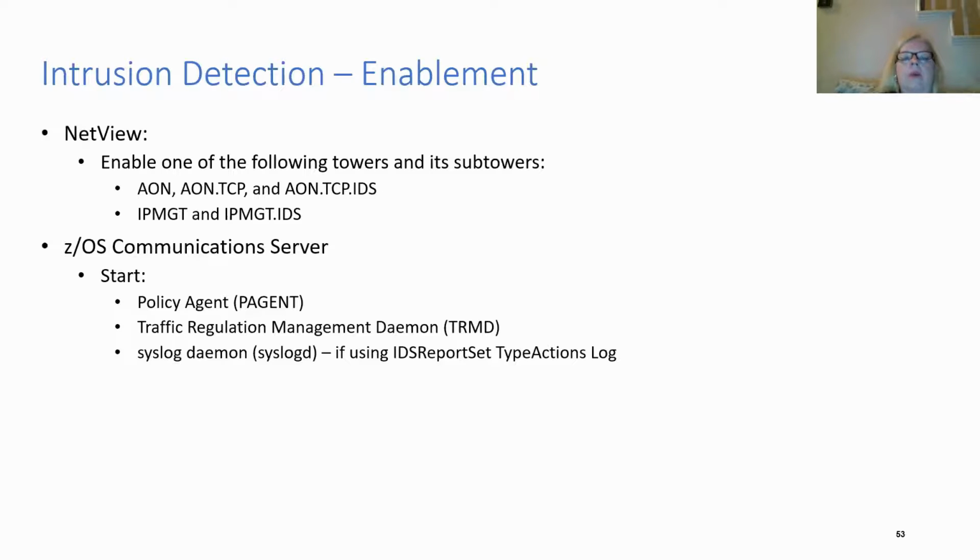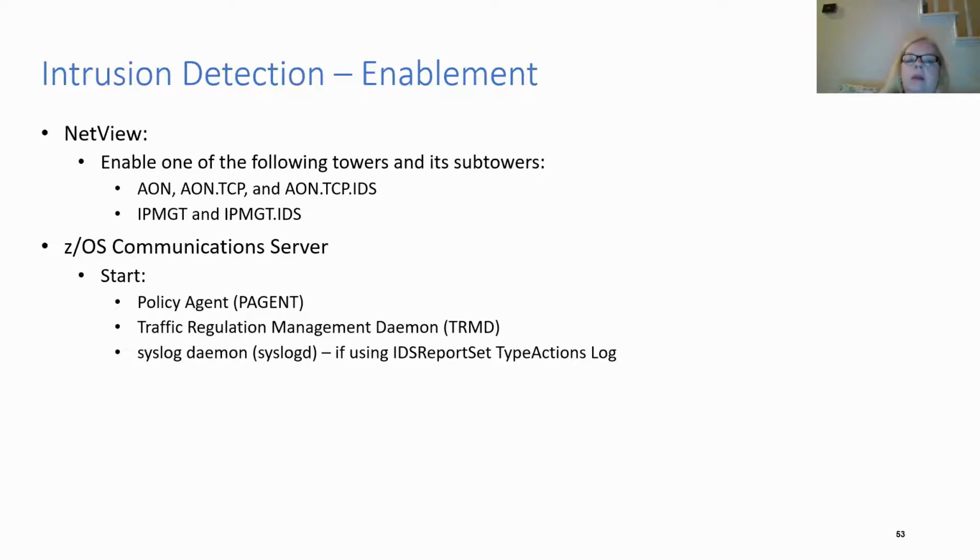Now, I wanted to talk a little bit here about enablement of intrusion detection. This is not a new function in Netview, but you do have to match up some settings between ComServer and Netview for this. So you're going to enable one of the following towers and its subtowers. The AON and the AON.TCP and AON.TCP IDS subtowers, or the IPMGT and IPMGT.IDS.